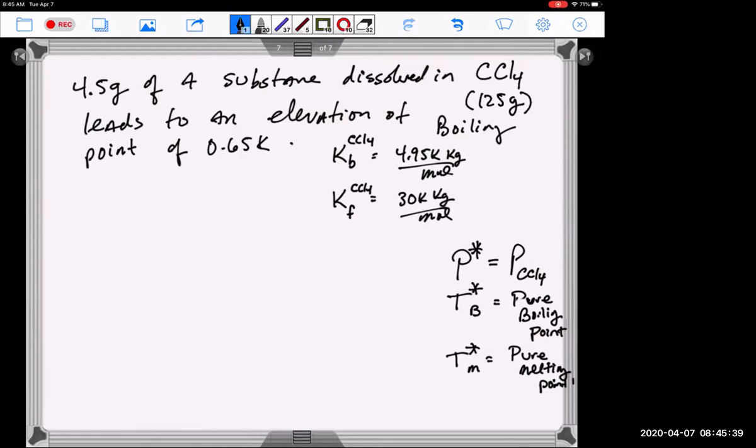Why are they so different? Why is Kf like 6 times greater than the boiling point term? Why do you think those constants are so different? Is it because delta H of fusion is much greater than delta H of evaporation, the energy required? Yeah, well, keep in mind that it's 1 over delta H of vaporization and 1 over delta H of fusion.